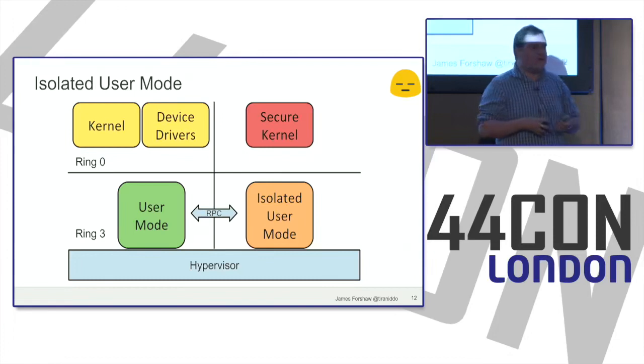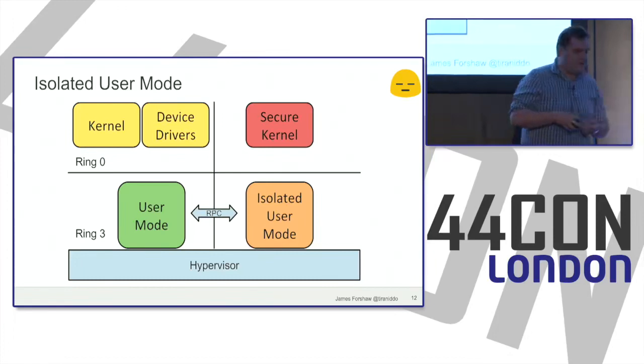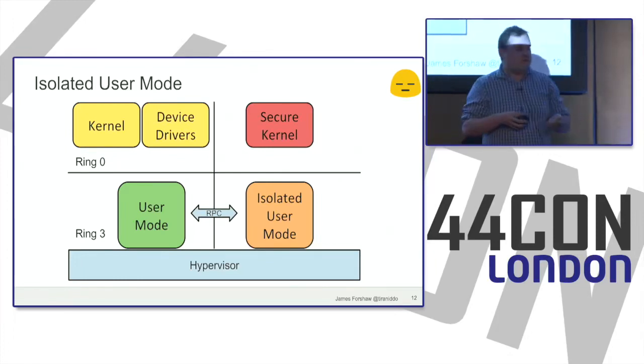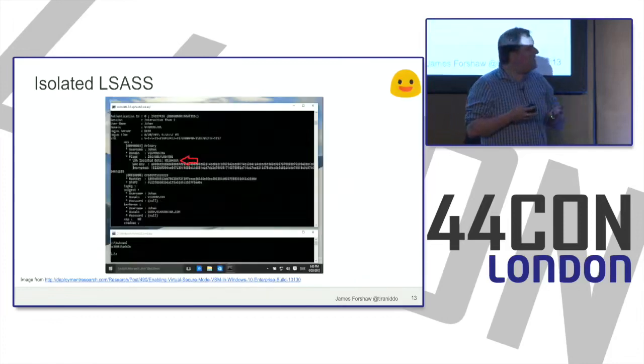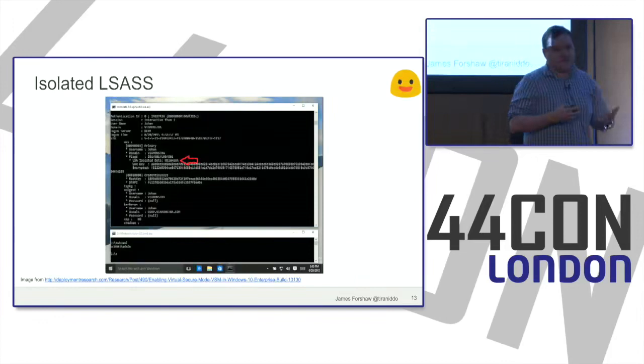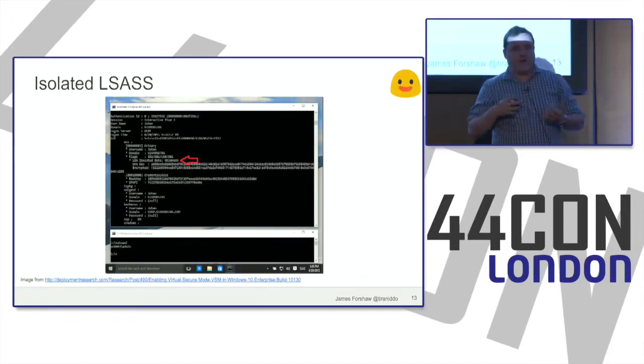So is this actually used for anything of any use? Well, about the only thing it's currently used for, as far as I am aware, is isolated LSASS. LSASS is the process responsible for doing authentication. If you're on a domain, it may get your Kerberos tickets, all that sort of stuff.